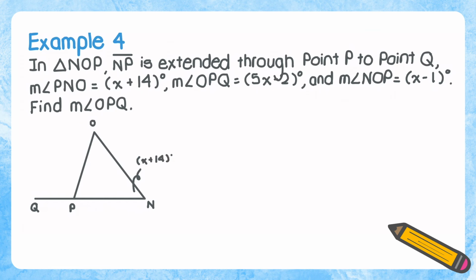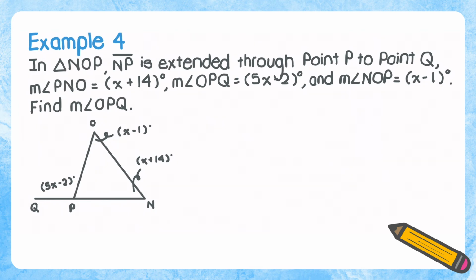The measure of angle OPQ, that's the exterior angle, right here, is 5x minus 2 degrees. And lastly, the measure of angle NOP is x minus 1 degrees.